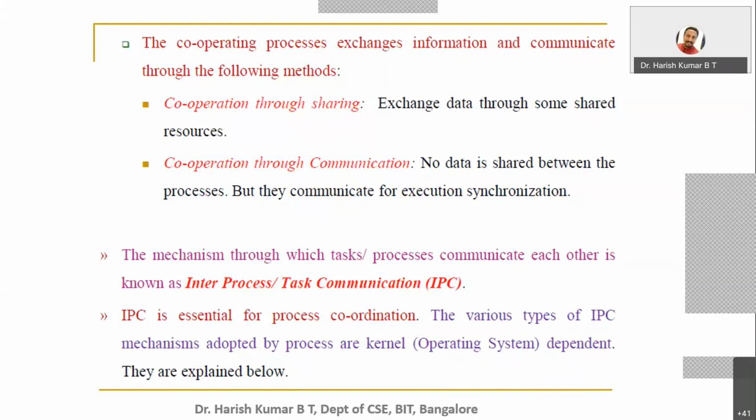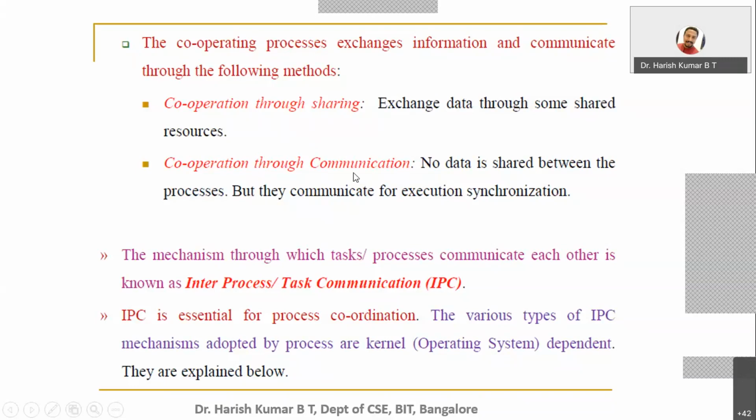If synchronized access is not possible, the programs behave incorrectly or abnormally because they don't have proper access to the resource. Ultimately, the application will hang up, or the application may get corrupted. So this is cooperation through sharing information or data, and cooperation through communication.